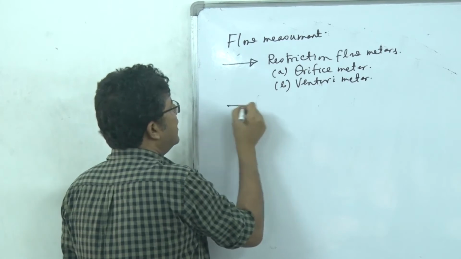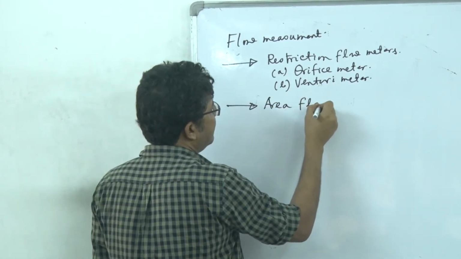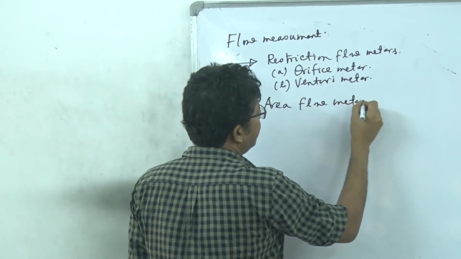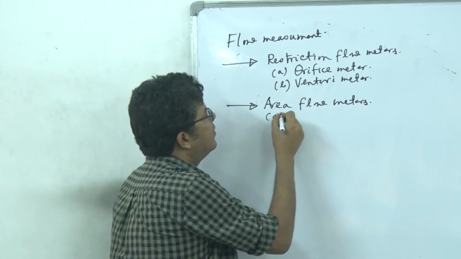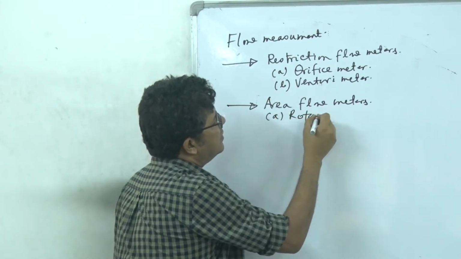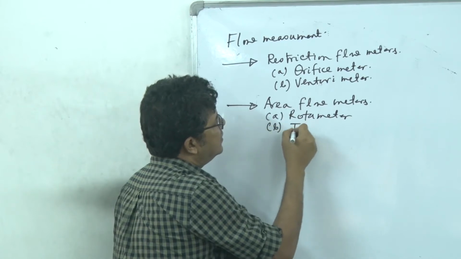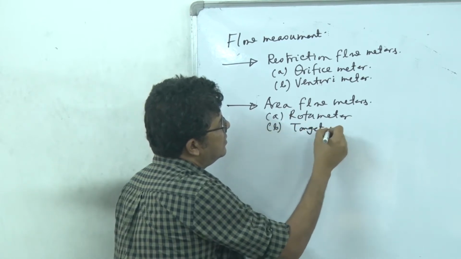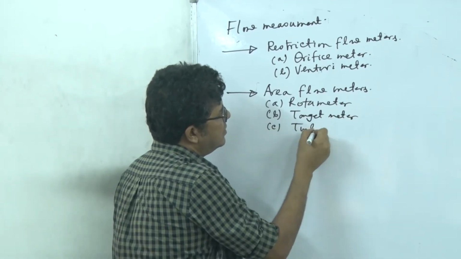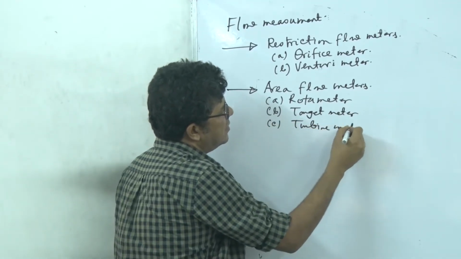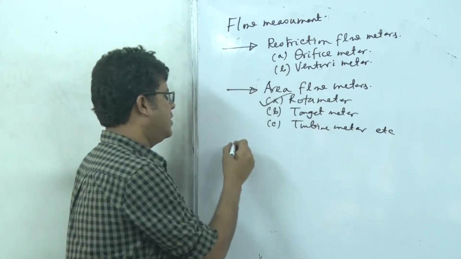Next we have area flow meters, and there are many, like the target meter, the rotameter, the turbine meter, etc. Here we are going to discuss the rotameter.